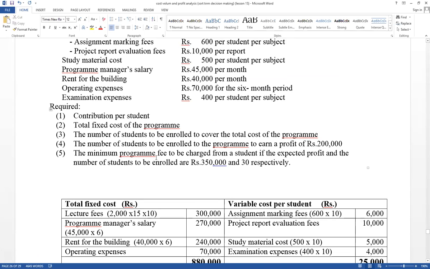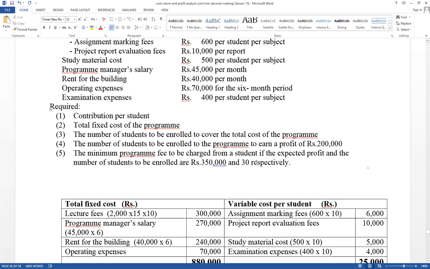The minimum program fee to be charged from one student, if the expected profit is 350,000 and 30 students participate. Very important, read carefully. They ask the minimum program fee to be charged from one student if the expected profit is 350,000 and the number of students is 30.